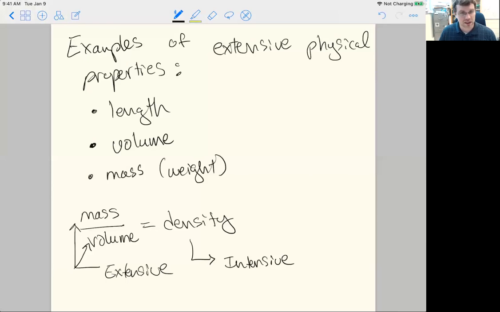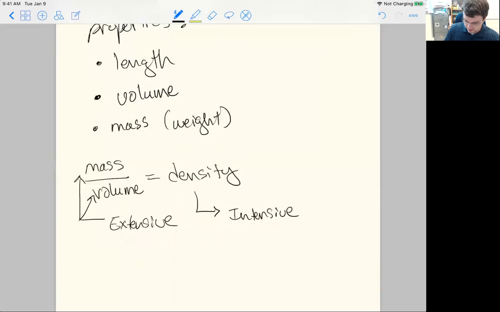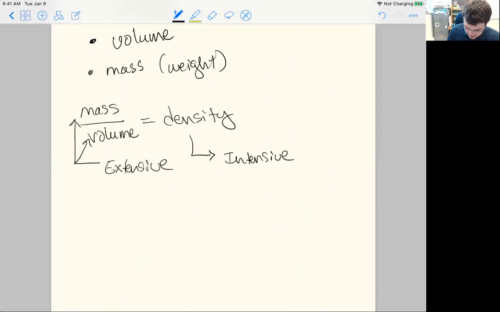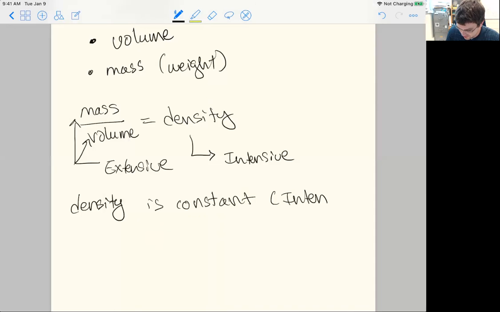And that's really a nice observation. And it reminds us that density at standard conditions is constant, or intensive, or inherent to the type of matter that we have.